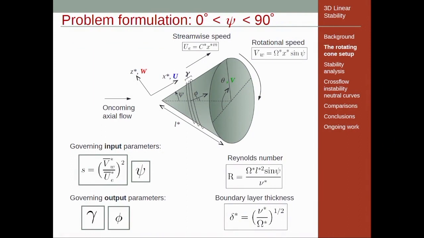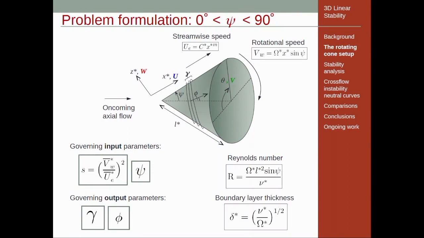In terms of our boundary conditions, we have the flow being dragged around at the surface of the cone due to this rotation, and that's going to be given by omega x sine psi. And if we have an axial flow, which I should have mentioned earlier, obviously in the case of a propeller or a turbofan or a missile, you're going to have some sort of axial flow. So it's useful to have this parameter in there.